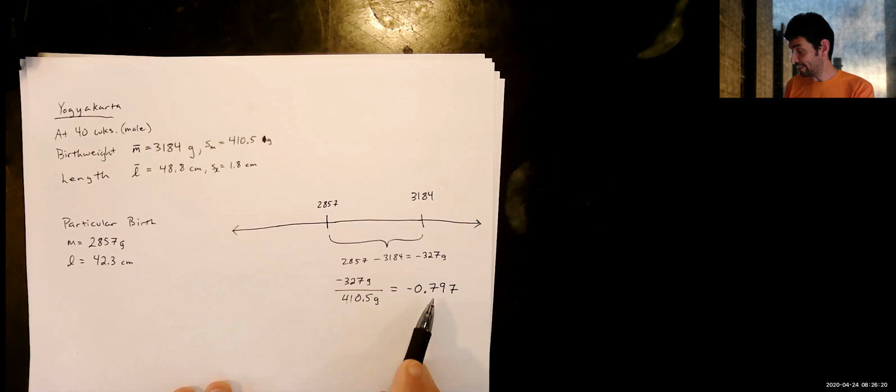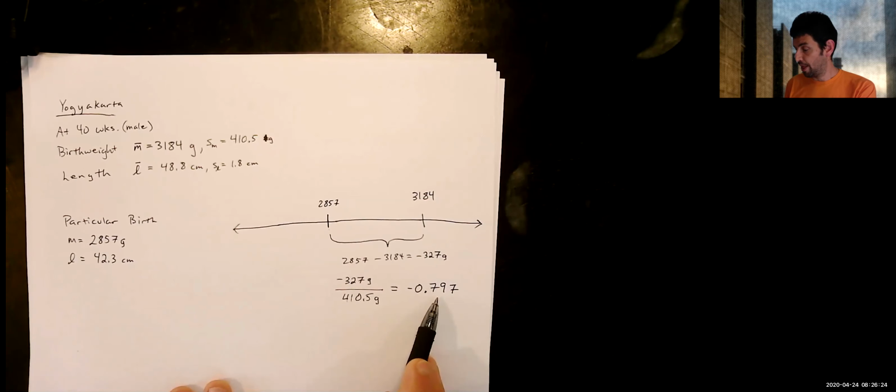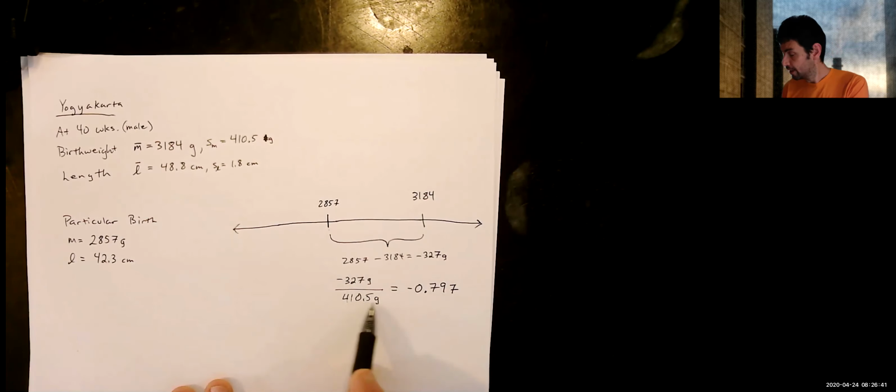Okay. This is the number of standard deviations our piece of data is below the mean. The below is because the negative, right? In other words, it's less than 1. It's about 80% of a standard deviation, just below 80%, 0.797 of a standard deviation, right? I've rounded here, so it's not precise, but up to 3 decimal places.